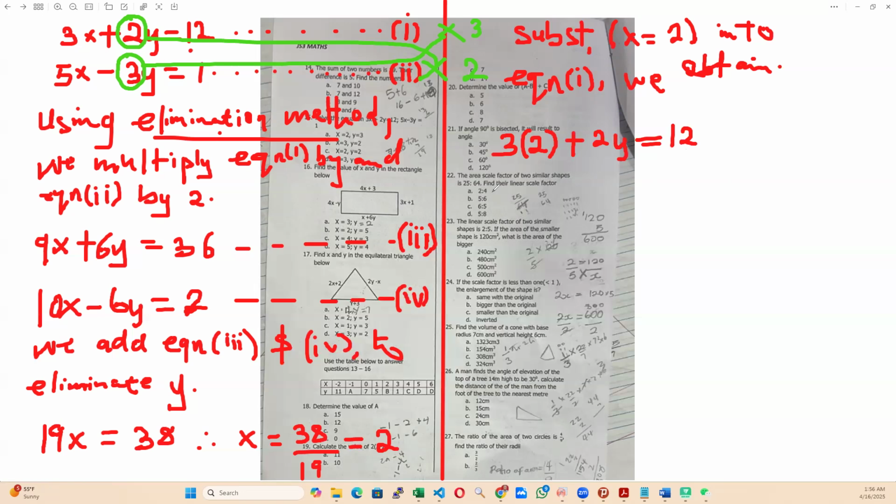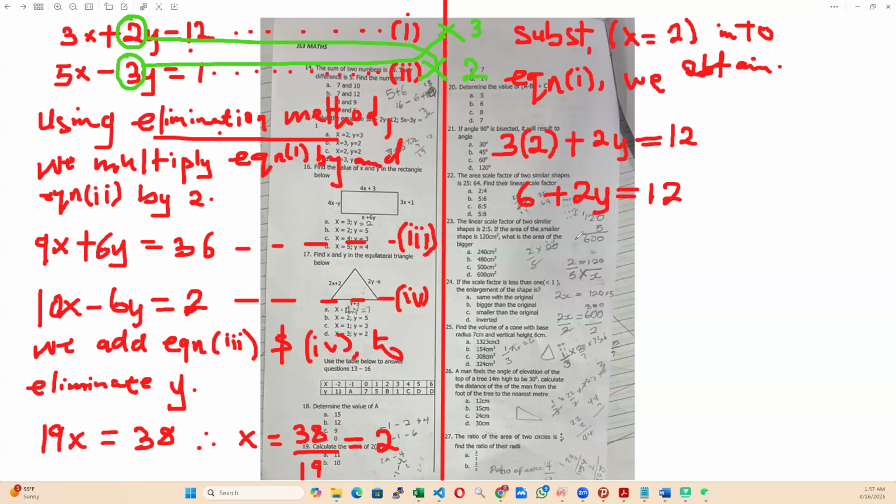Did you see? So 3 times 2 is 6, right? Plus 2y equal to 12. So Chizzy, I would like you to finish it up.